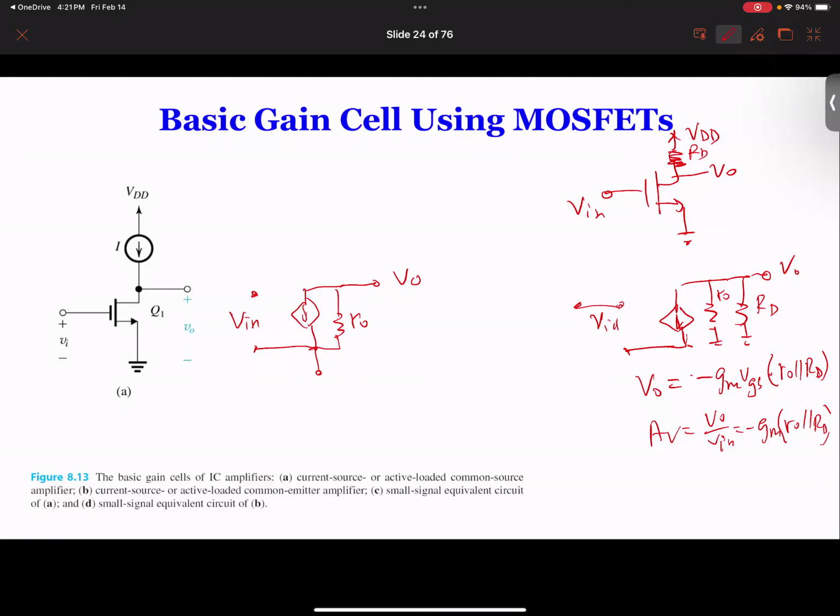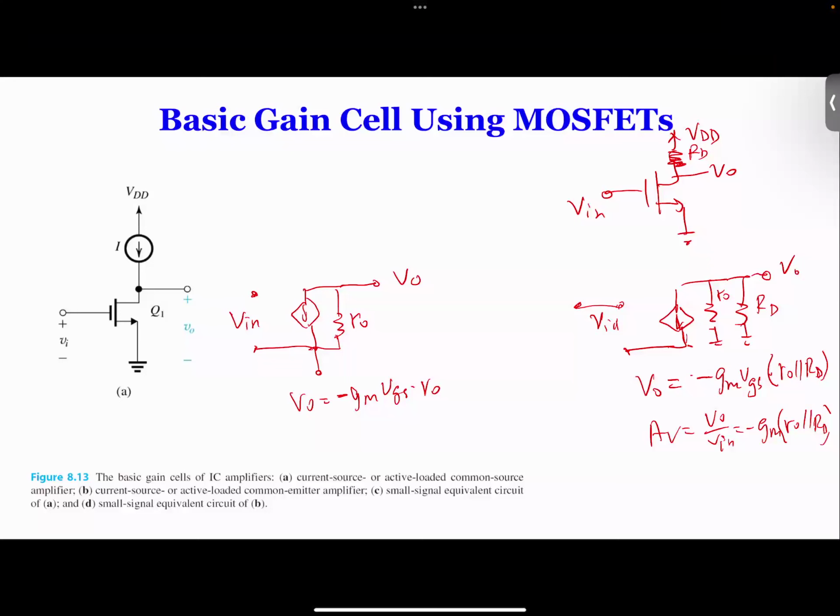VO will be just minus gm times VGS times RO, so your gain Av is equal to minus gm times RO. But if this current source is not ideal, like we previously derived, it has output resistance. Remember the current source from the previous slide? It has its own output resistance. So basically, we can replace that here, saying it has its output resistance, and then goes to ground.